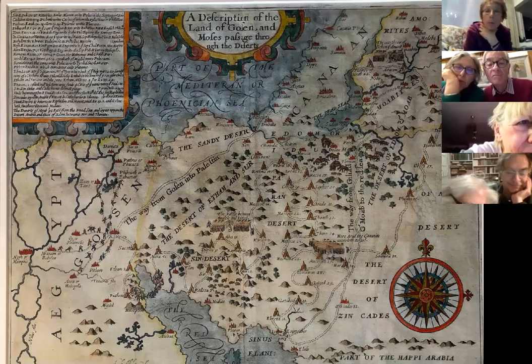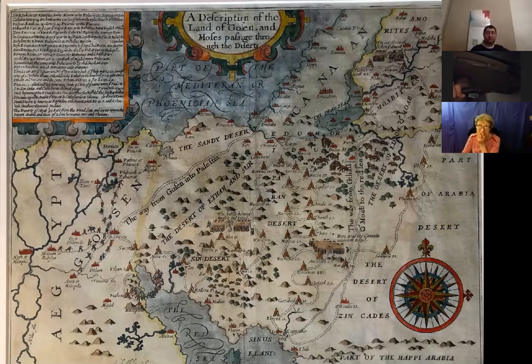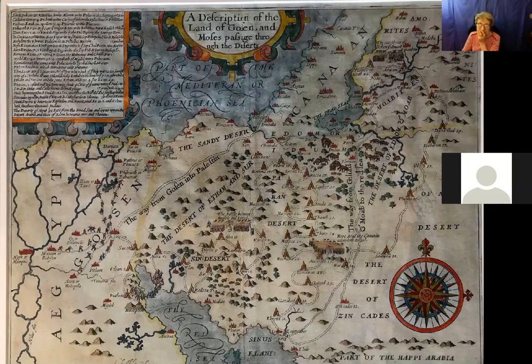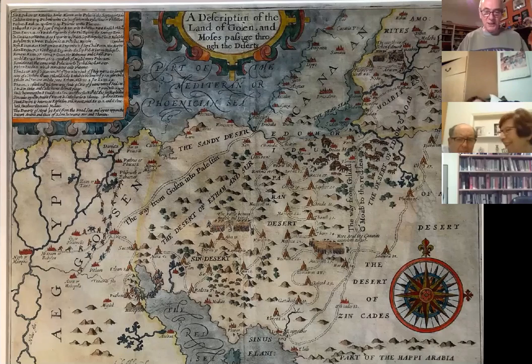And what is really beautiful is if you look at the bottom of the map, you can see the Red Sea, and you can actually see the children of Israel crossing the Red Sea from Egypt into the desert. It's the most beautiful thing.